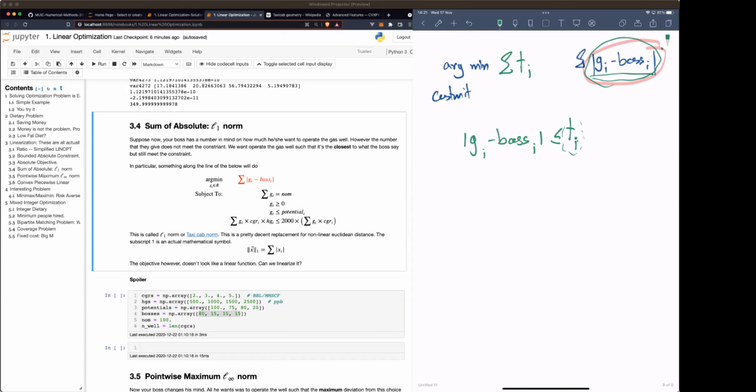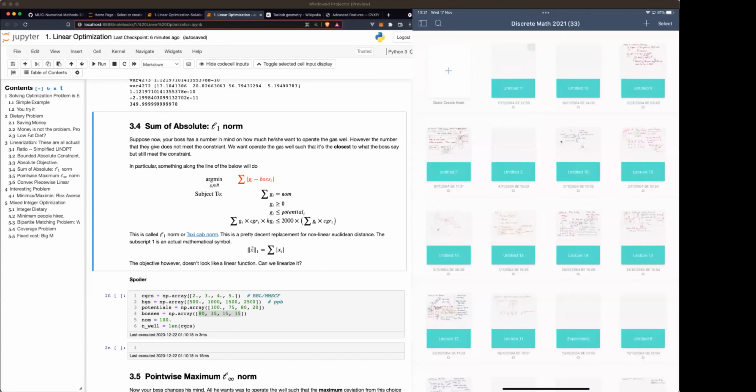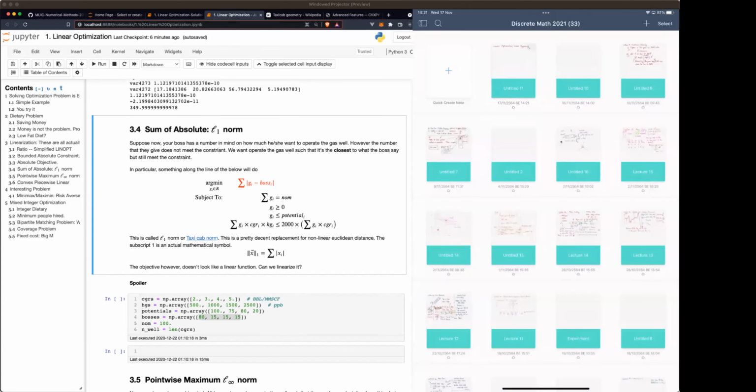So gi minus boss i has to be less than ti, and gi minus boss i has to be greater than or equal to minus ti, and then now you can solve exactly what you need. Don't worry, people actually take a term to learn all these tricks, but I just want to show you that it is possible, that's all.